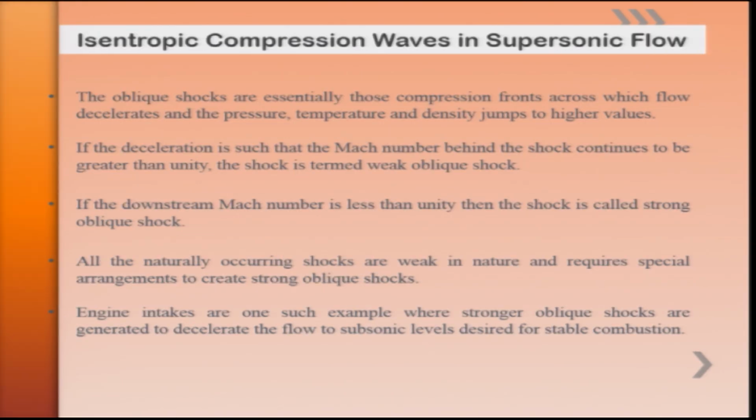Now, as I mentioned, all naturally occurring shocks are oblique in nature and essentially weak, and you require a special arrangement to generate a stronger oblique shock. Please note there is a very important application of stronger oblique shocks.